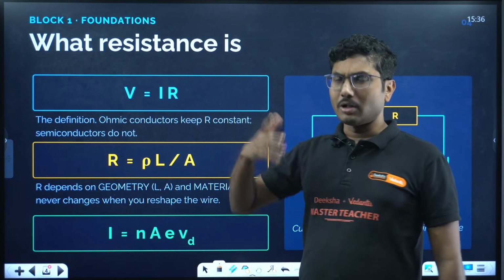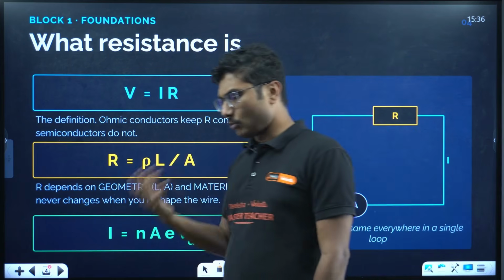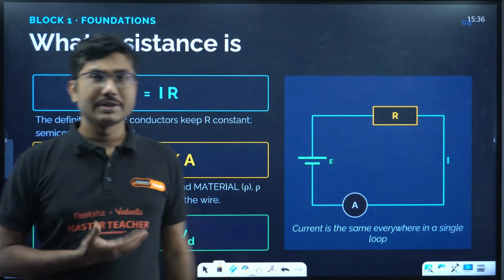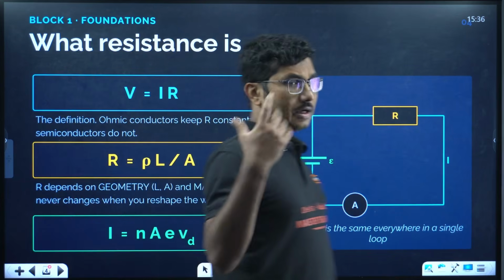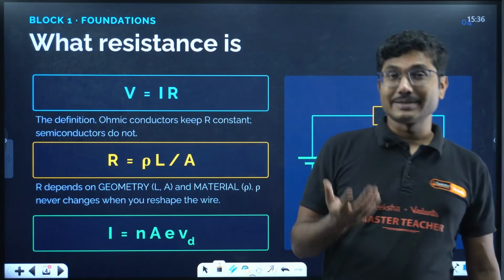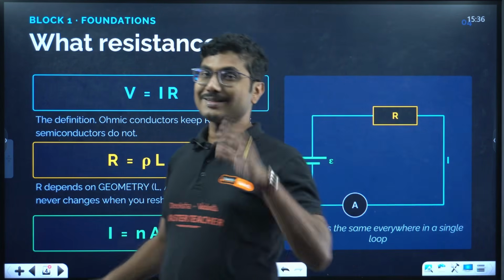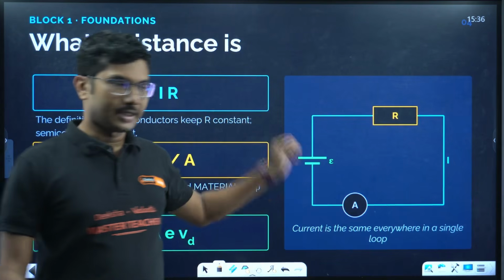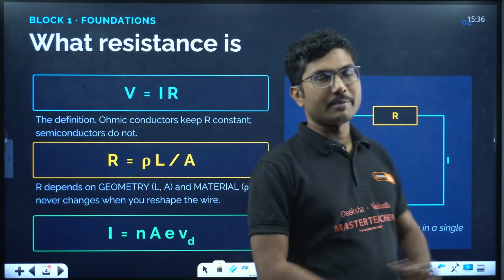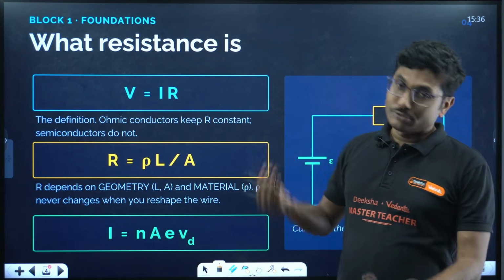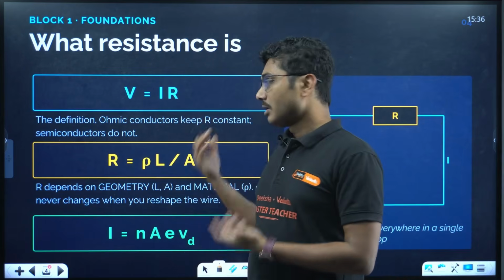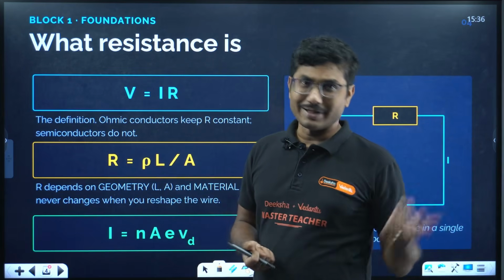Normally all the metals are ohmic conductors. Most of the materials that we see around us are ohmic conductors except for semiconductors. Semiconductor is a completely different branch. Insulators are there, but we are not discussing insulators.